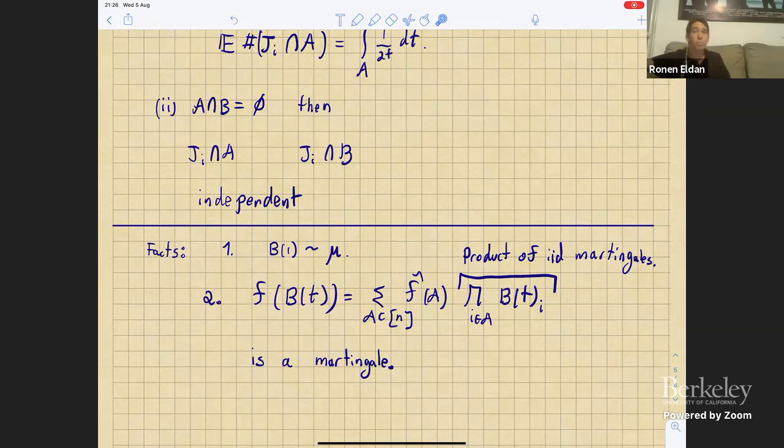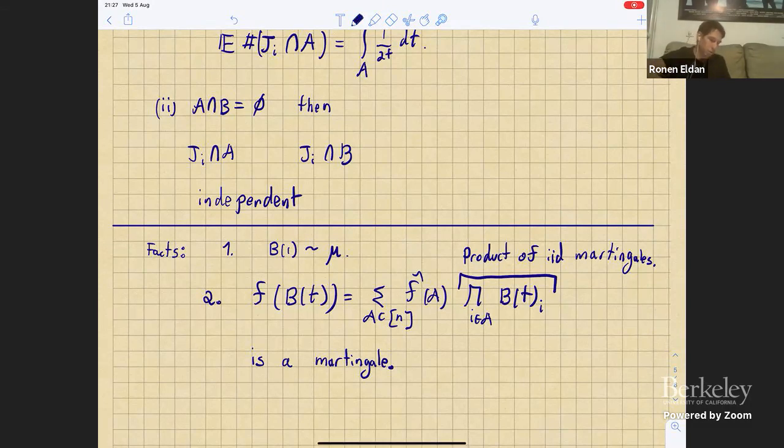There is an even more natural way to introduce a time axis in this setting, which is just sampling coordinates one by one, right? Instead of sampling all the coordinates together, we can sample coordinates one by one, and then we can look at the corresponding martingale that we get.